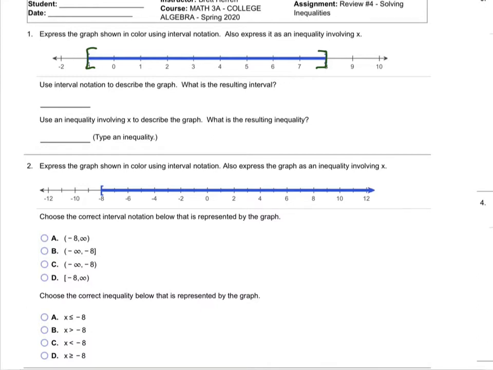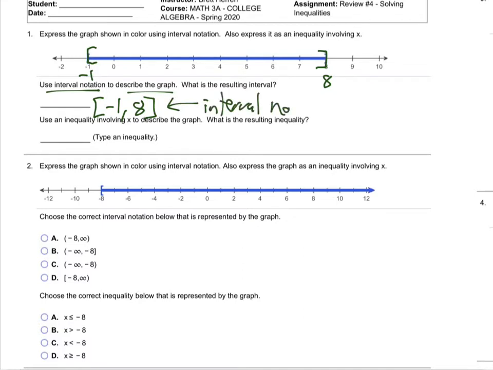Let me first say this one's going from, where does this go? -1 all the way to 8, and it's a bracket here and a bracket there. So use interval notation to describe the graph. That would be bracket -1, 8. That's interval notation.